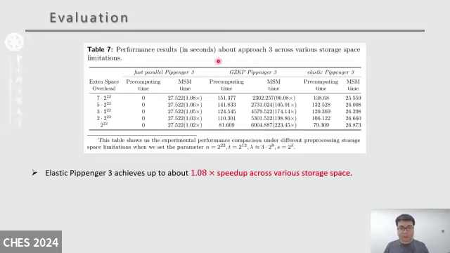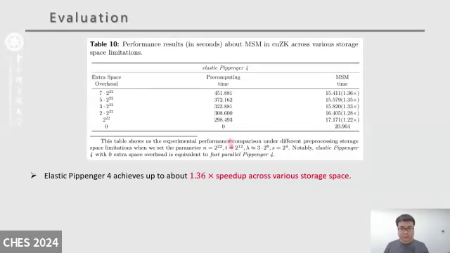Okay, let's see this table. This table shows us the results about approach 3. From these two columns, we can see that elastic Pippenger 3 achieves up to about 1.08 times speedup across various storage space. Okay, let's see the combination of cuZK and the elastic MSM.